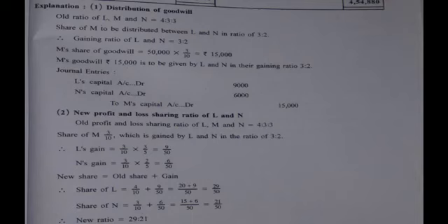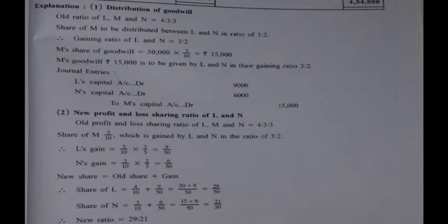So 50,000 into 3/10 gives you 15,000. Now 15,000 of course is to be given to the retiring partner by existing partners in gaining ratio.